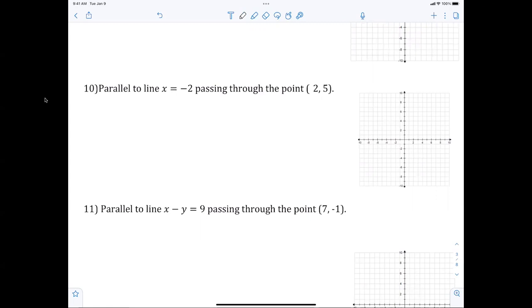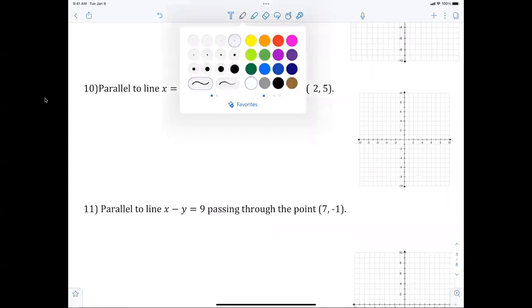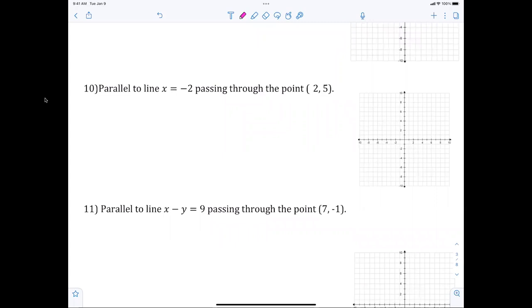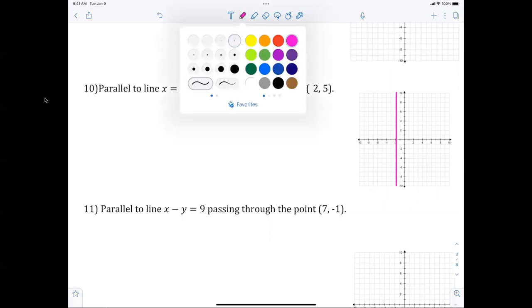All right, so if I'm parallel to the line x equals -2, I want everybody to draw x equals -2. So of course, everybody's going to just draw a what? Vertical line. No, we're not saying straight line. We're saying a vertical line. So I need you to draw the parallel line, which would also be a what?